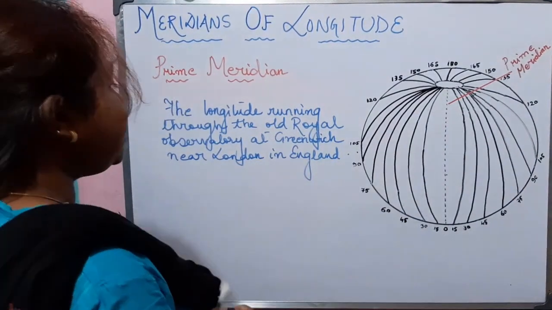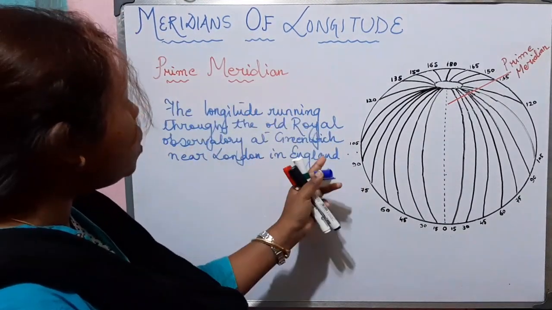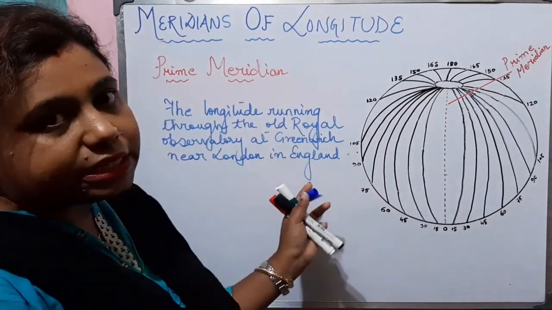So what is prime meridian? Prime meridian is a longitude which is running through the old Royal Observatory at Greenwich near London in England.